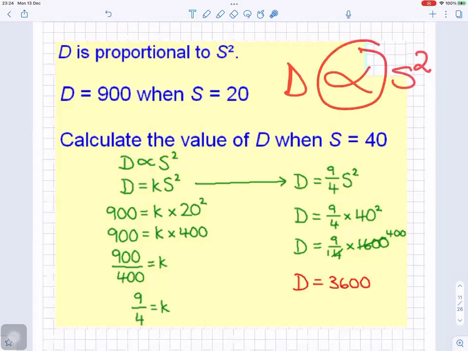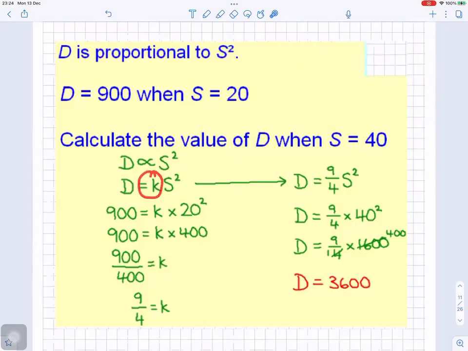Replace alpha with equals K. So D is equal to K times S squared. It tells us that D is 900, S is 20. So you replace S with 20 and D with 900. So 20 squared is 20 times 20, that gives you 400.